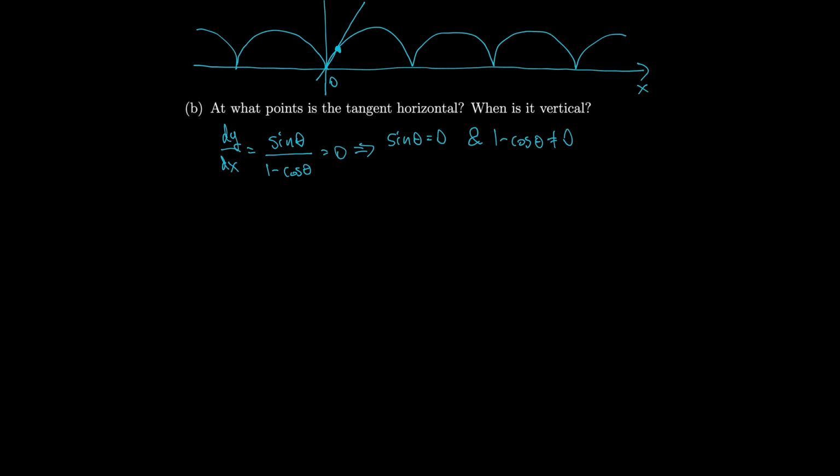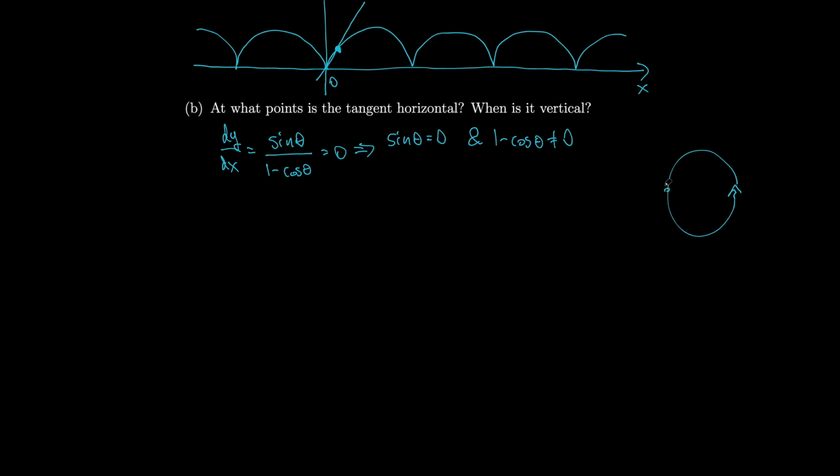Well, sine of theta is 0 at all of the multiples of pi, right? It's 0, then pi, and then it'll be 0 again, and so on. We can't consider this point over here at 2 pi, because then 1 minus cosine would be equal to 0 because cosine would be 1 over there.